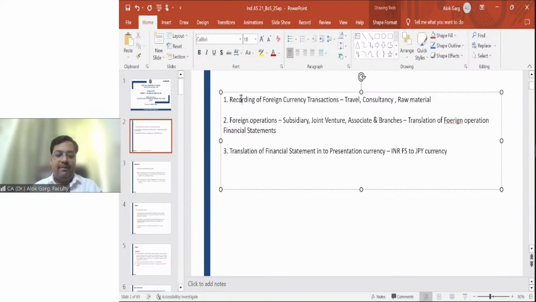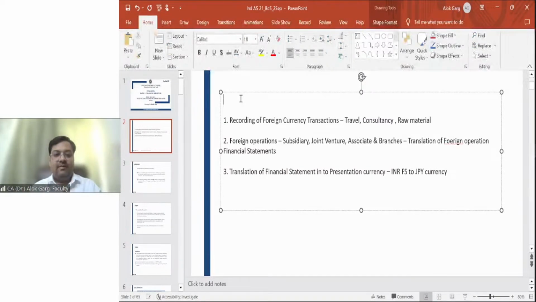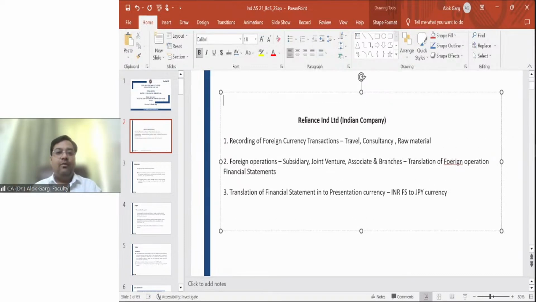I have taken this example from the perspective of Reliance Industries Limited, which is an Indian company, right? And what we are learning here is why this standard was issued. I mean to say, what guidance this standard provides.